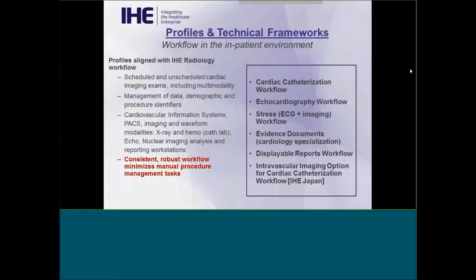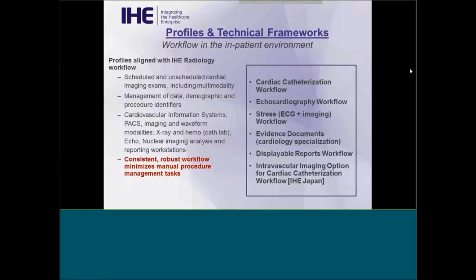For the inpatient environment, all the workflows we defined are aligned with the radiology scheduled workflow. So it's about scheduling cardiac exams or doing unscheduled exams, the image acquisition, including the scenario that you have multiple modalities involved.